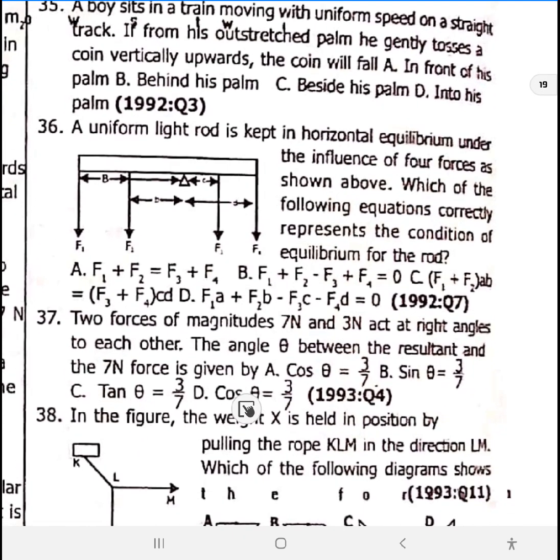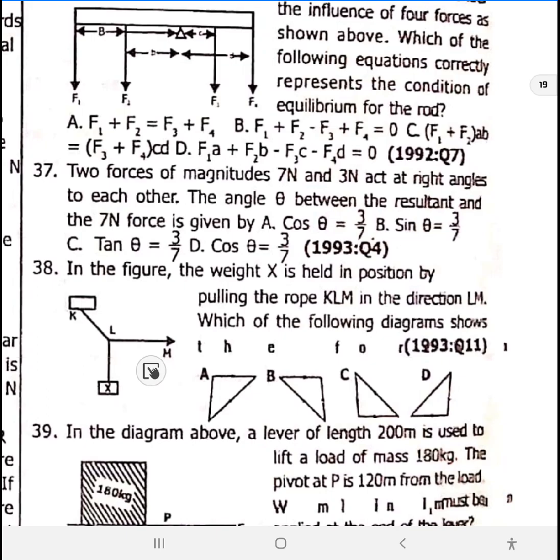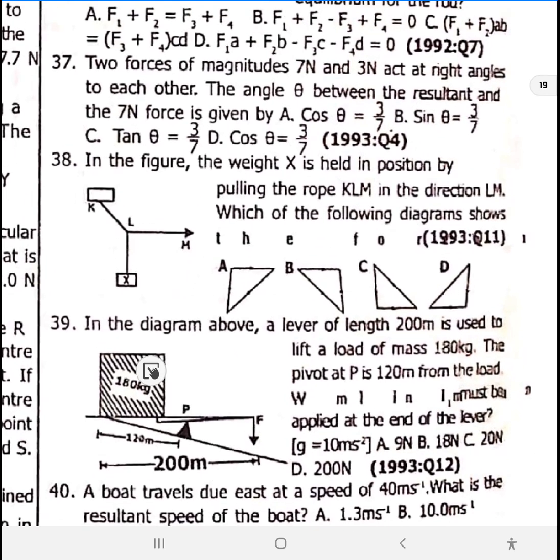derive this. It will be unfair to just say this is the answer. 38. In the figure, the weight X is held in position by pulling the rope KLM in the direction LF in this direction. Which of the following diagram shows this?